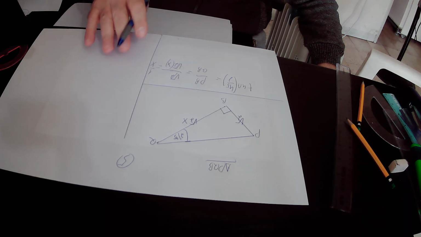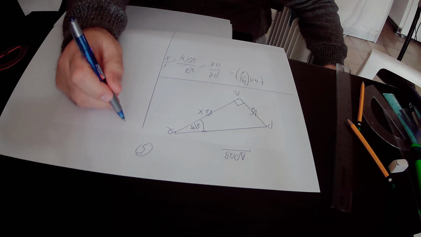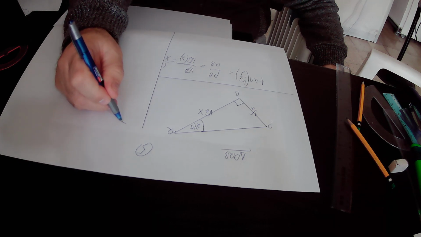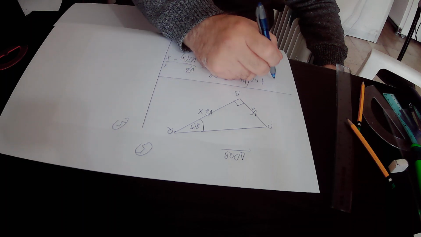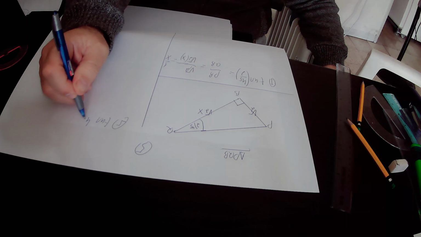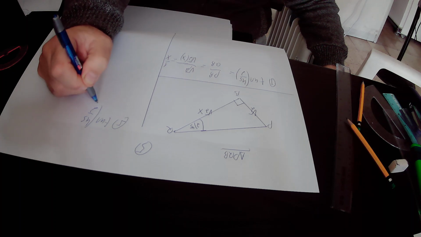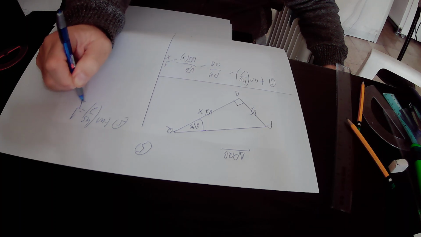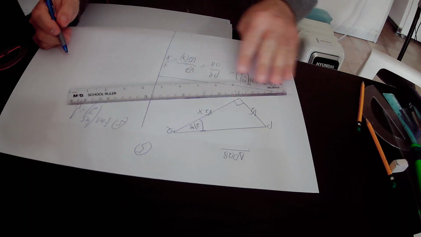So in conclusion, we found out that according to equation number 1, tangent 45 degrees over 2 equals to 1 over x. This is according to equation number 1.